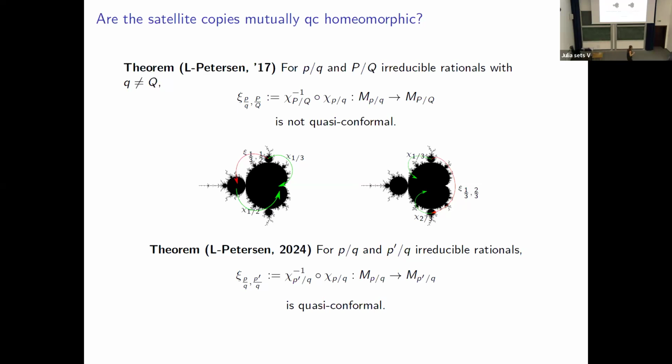But what happens is, when you go to the root, let's remember that on every hyperbolic component, in particular in the main hyperbolic component, my map is holomorphic.